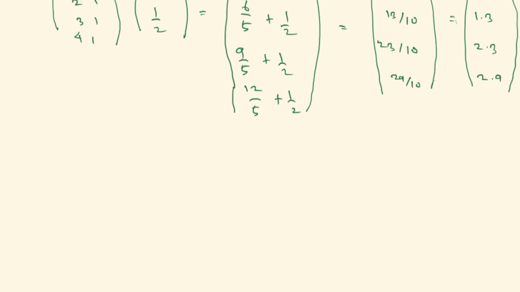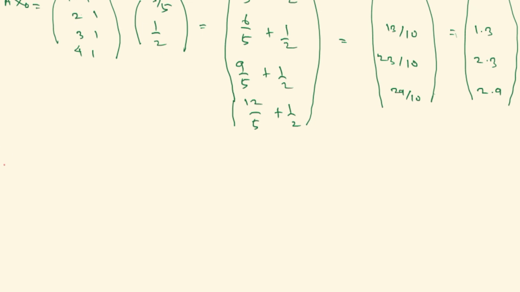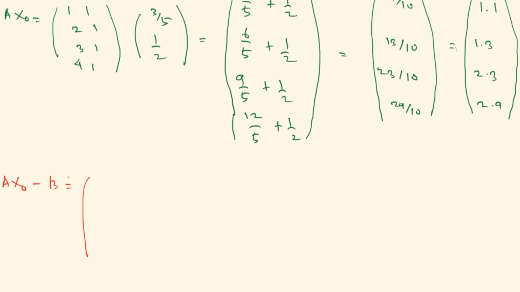Now A x naught minus b equals 1.1, 1.3, 2.3, 2.9 minus b, whose values are 1, 2, 2 and 3. Sorry, 6 into 2 is 12, 12 plus 5 is 17.